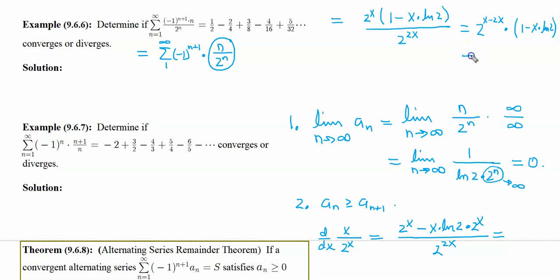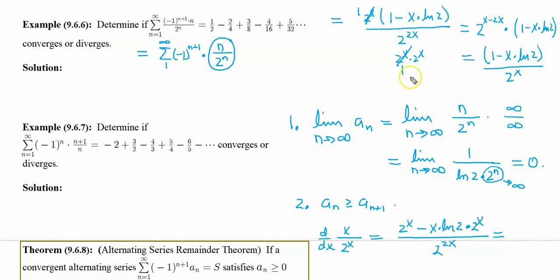All right, and you just get, okay, just like that. Or you can just realize that this 2 to the 2x down here you can write as 2 to the x times 2 to the x, of course, and one of these will cancel with that one. So that's just another way to see it there.